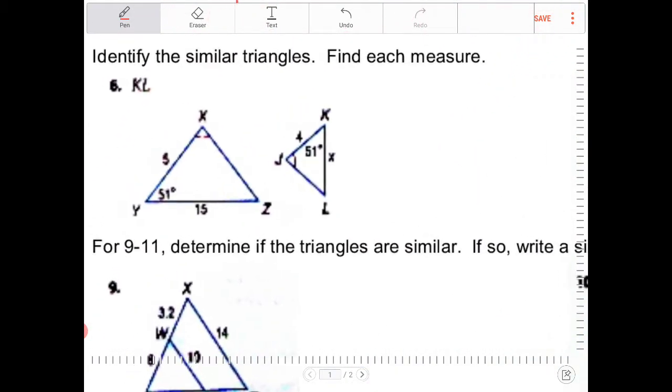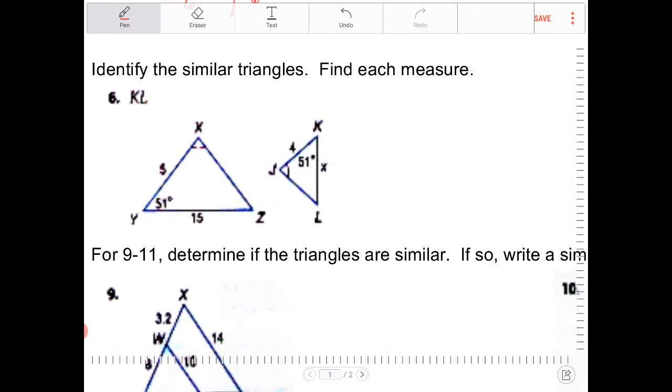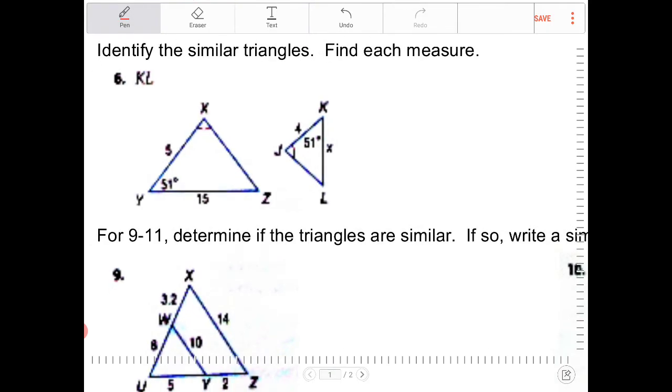All right. Moving on, identify the similar triangles, find each measure. So I have 51 and this angle. So these two triangles are going to be similar because of angle-angle theorem. And we have to find out what is KL.